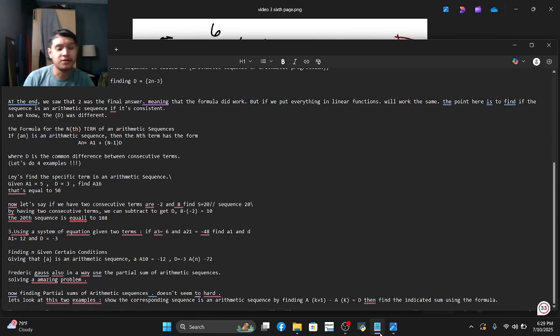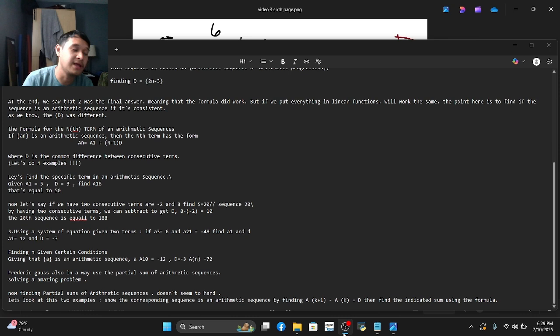Now, Friedrich Gauss is an important person in mathematics, who later on when he grew up developed a lot of the formulas that we are discussing right now, or that you will discuss later on in your mathematics studies. But when he was young, they asked him to add all the numbers from the first term of 1 to 100.